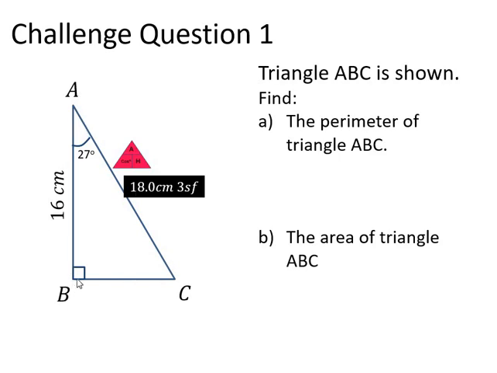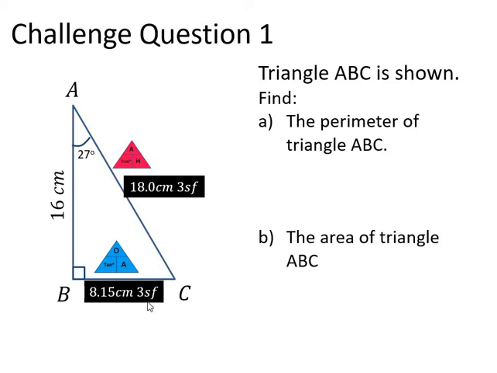You could use a squared plus b squared equals c squared. I decided to use trigonometry because we're doing a lesson on trigonometry. And so I would have used the tangent ratio because I've got the adjacent and I want the opposite. And this means that the length BC over here is 8.15 centimetres to 3 significant figures.